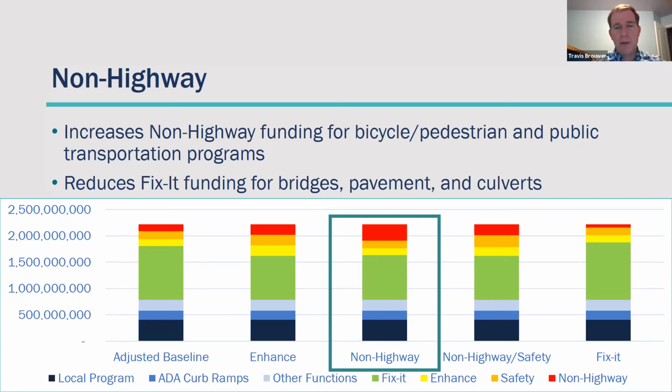So there's a huge amount of money, not necessarily adequate, in fact, definitely not adequate, that flows through other sources for the non-highway category. So this would provide more transportation options by providing more money for bike ped and public transportation programs. And it would do that by reducing the amount of funding in the fix-it category for bridges, pavement, and culverts.